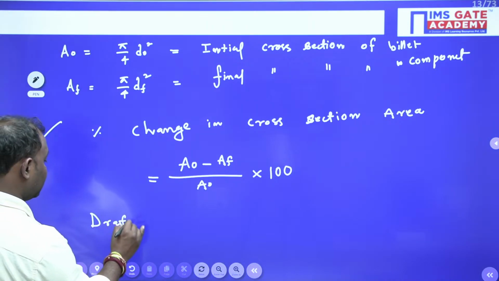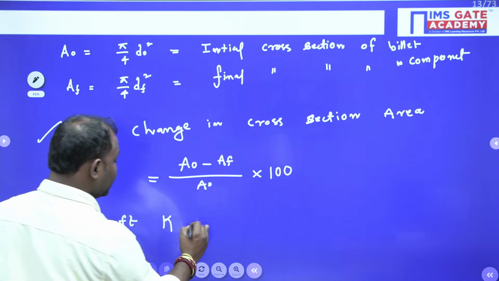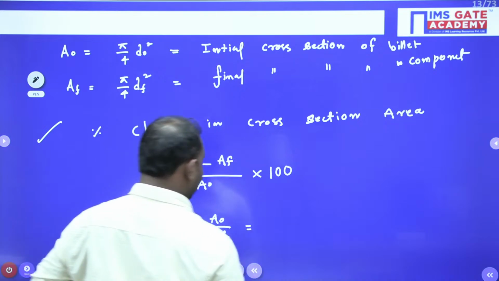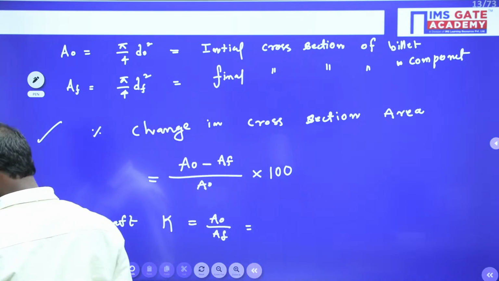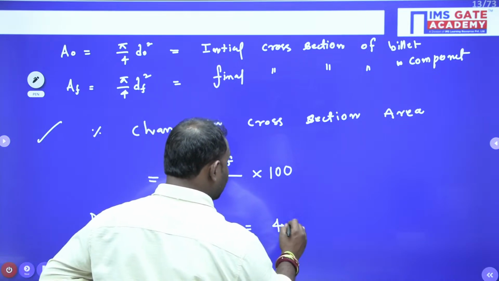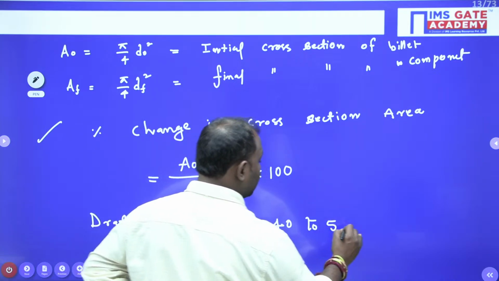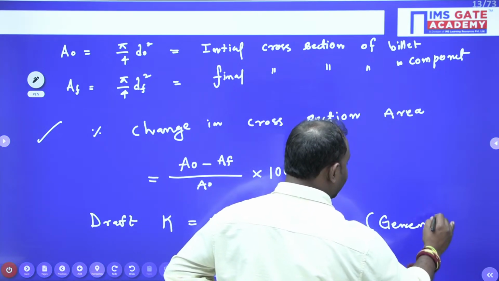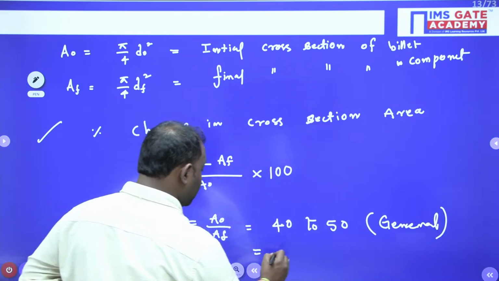Draft is indicated with K, which is equal to A0 by AF. Normally it varies from 40 to 50 in general.